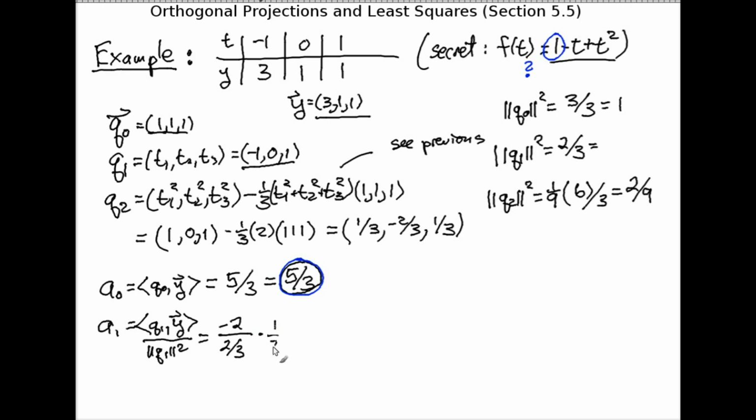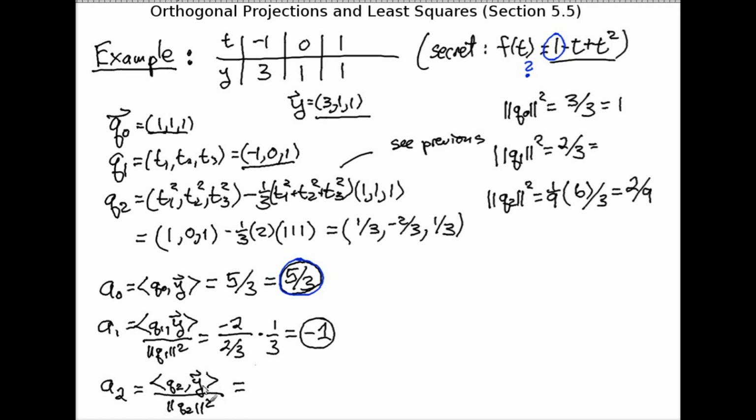And you're dividing by 3, and you put it all together, and you get minus 1. And finally, what is A2? A2 is Q2 paired with y over the length of Q2 squared.